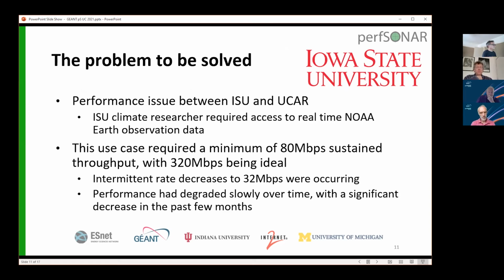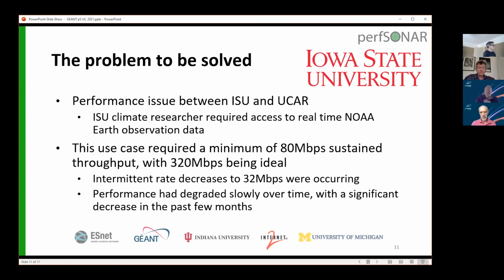So the climate researcher there needed real-time NOAA Earth observation data, and this data was fairly large in size and you needed a decent connection. He basically told us, look, I need 80 megabits of sustained throughput to do these observations. And that gave him a lower resolution than what he really liked. Really, he was hoping to get 320 megabits of sustained consistent throughput when he was accessing these observations.